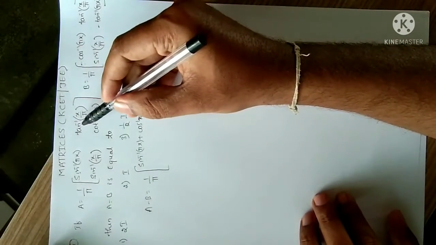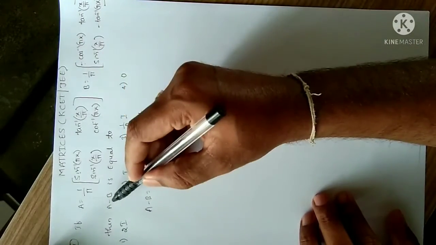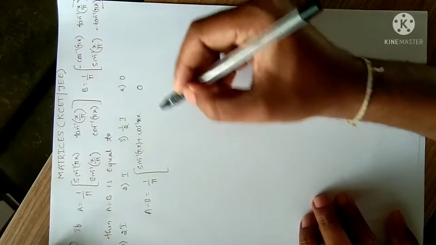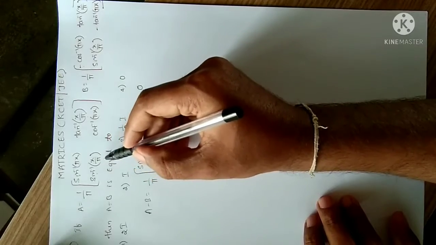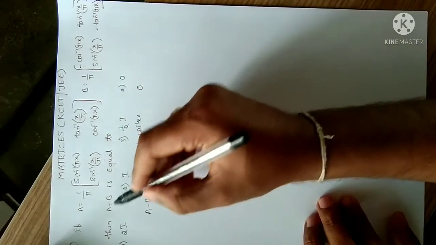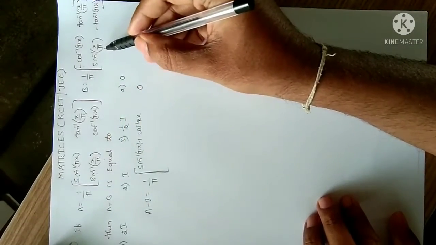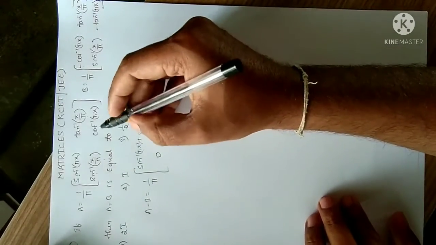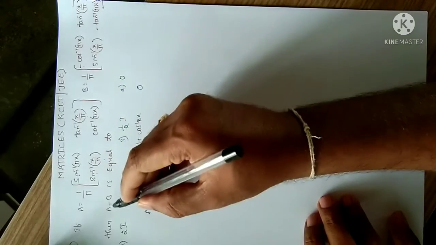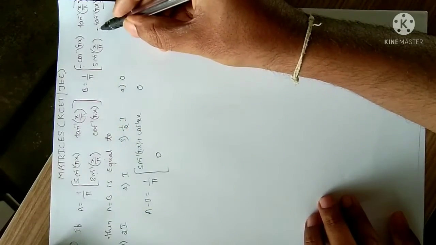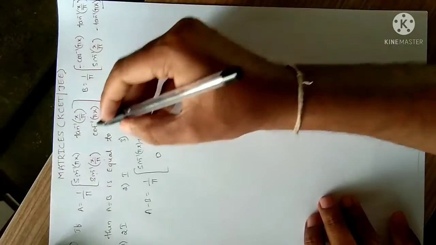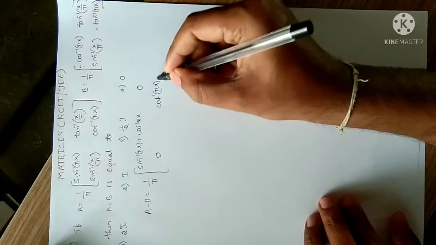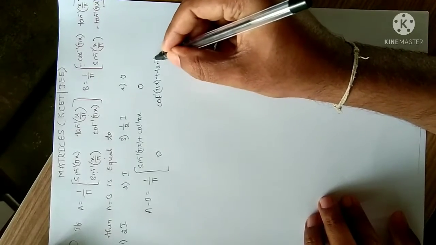Next, tan inverse x by pi minus tan inverse x by pi gets cancelled, equal to 0. Sin inverse x by pi minus sin inverse x by pi is also cancelled, equal to 0. Then cot inverse pi x minus of minus tan inverse pi x, that is cot inverse pi x plus tan inverse pi x.